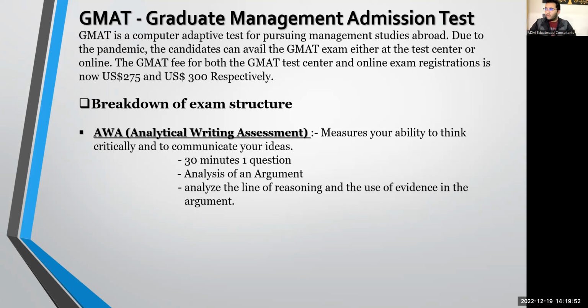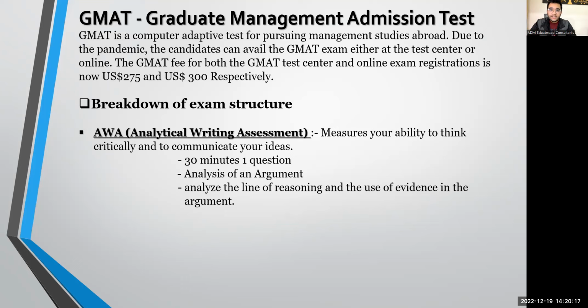So that is one main thing. The second thing I wanted to talk about is how exactly AWA is evaluated. There are two things which evaluate the AWA section. The first one is the human rater, and the second is the computer algorithm. The computer algorithm is based on some code which evaluates your response. The human rater is an actual human who evaluates your response.